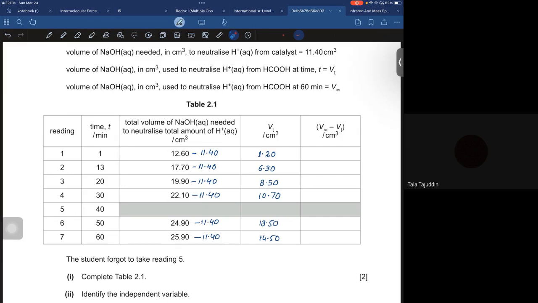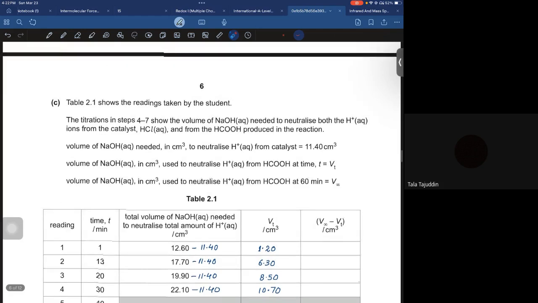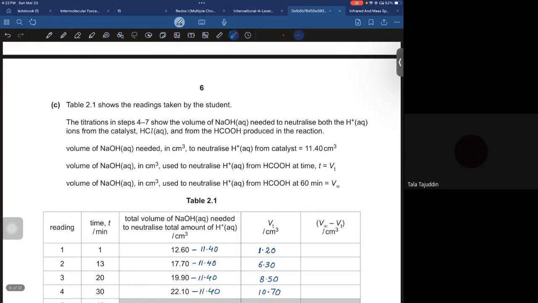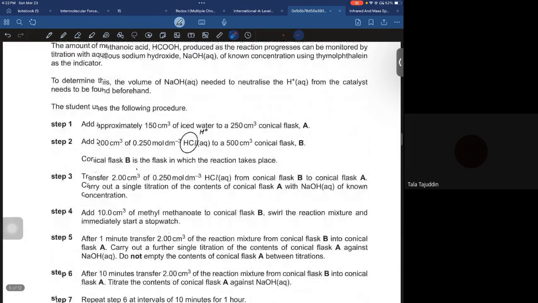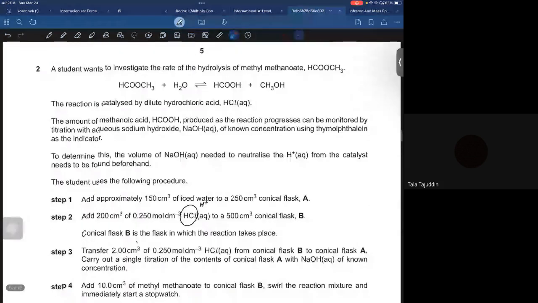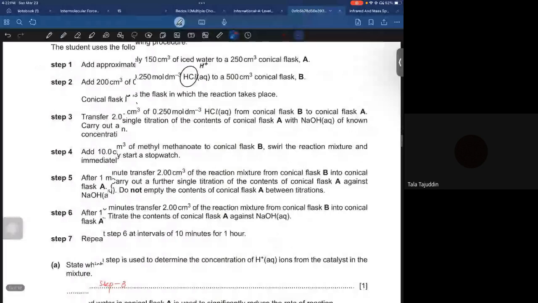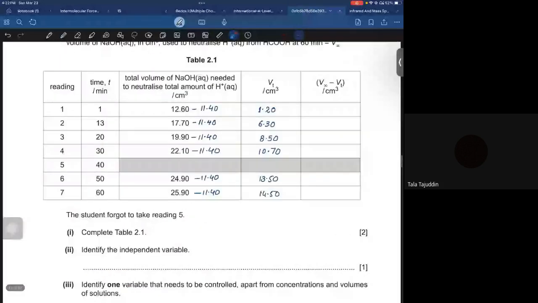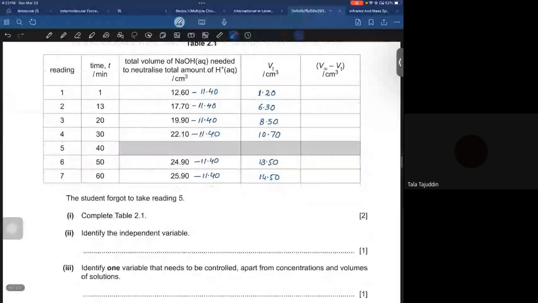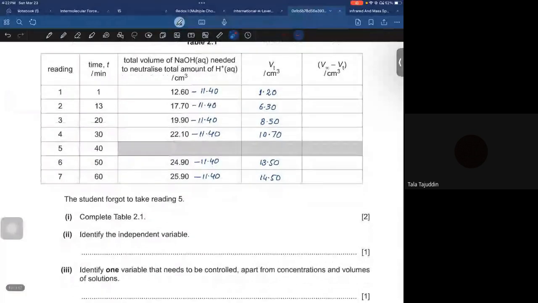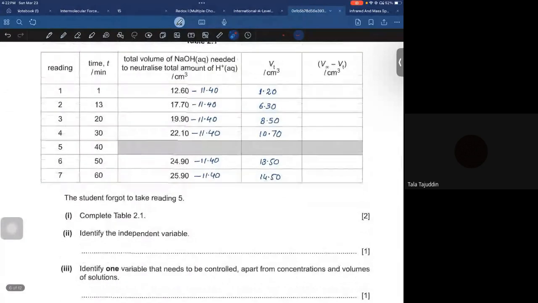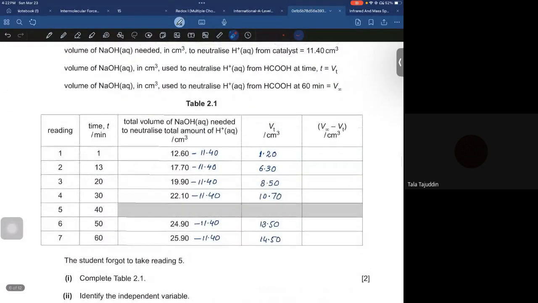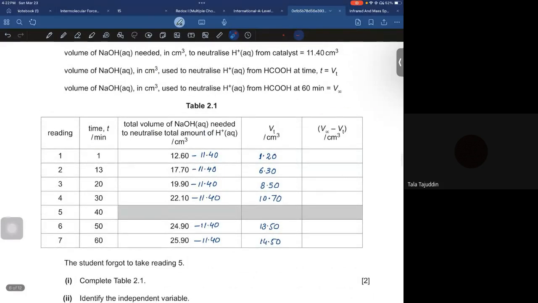So you can see, okay. What am I supposed to do to find out this column?